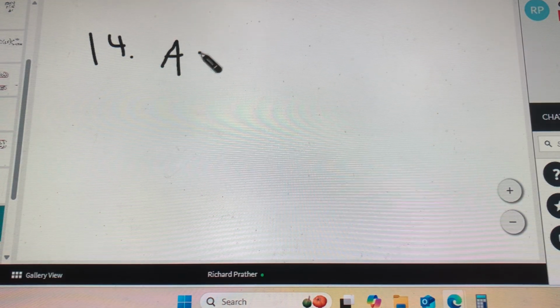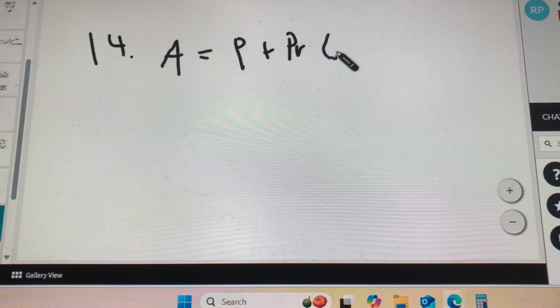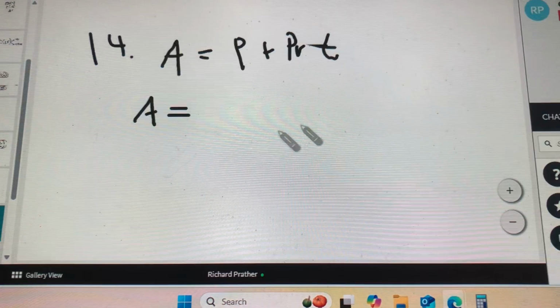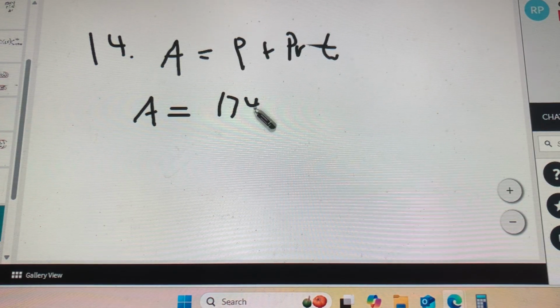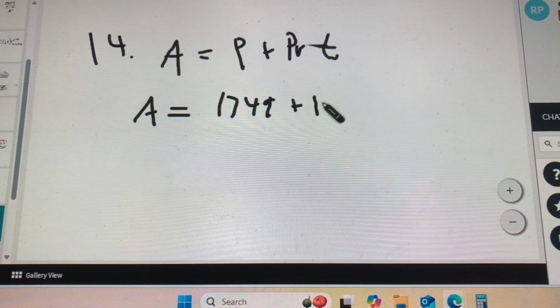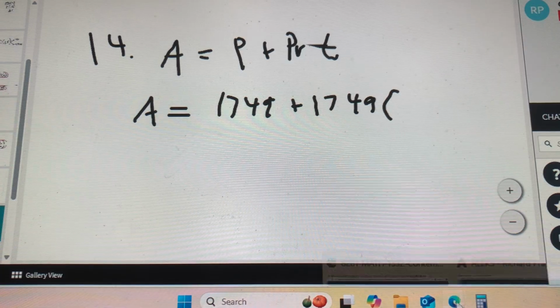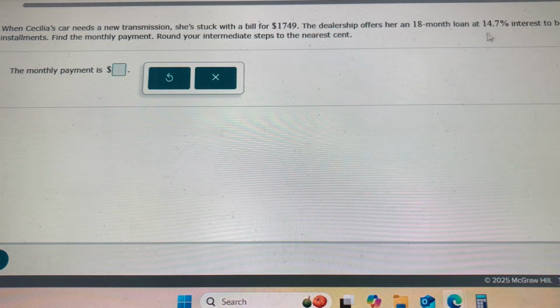So future value is present value plus PRT for the interest. So unfortunately, she doesn't have $1,749 right now. So she's going to owe interest on it in order to get the money now. The interest rate, and they do this when you're desperate too, they make the interest rate real high.